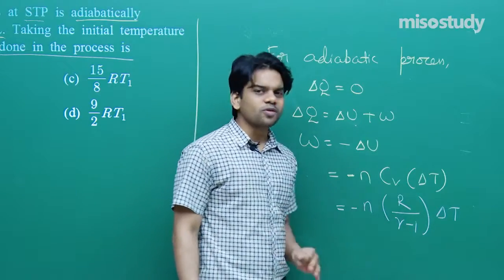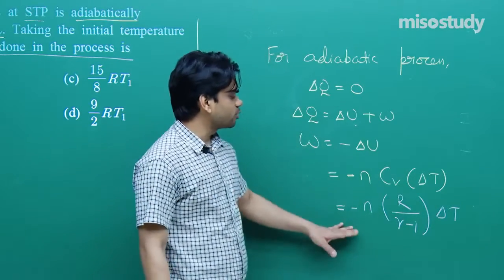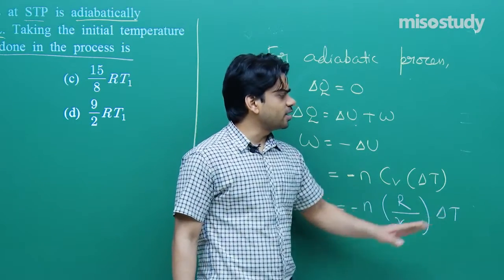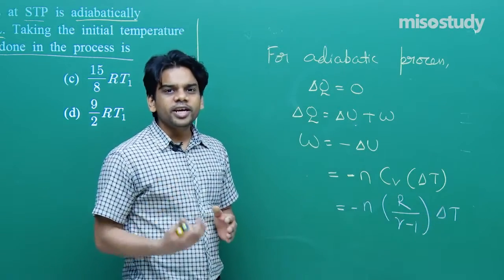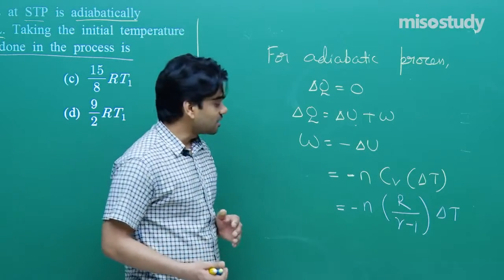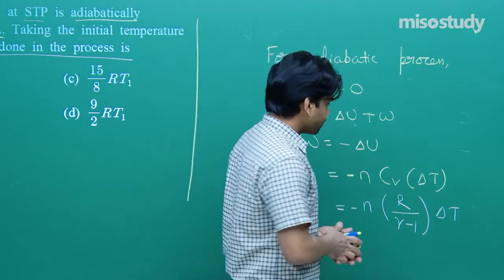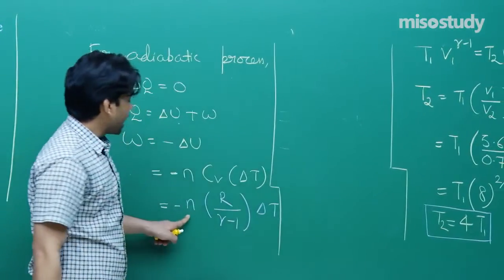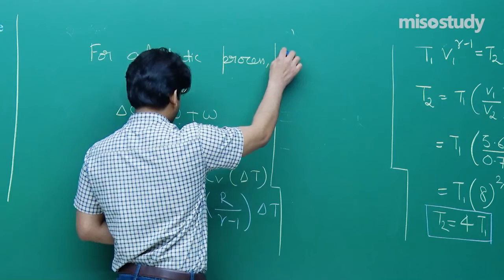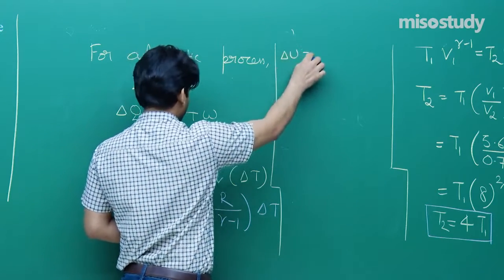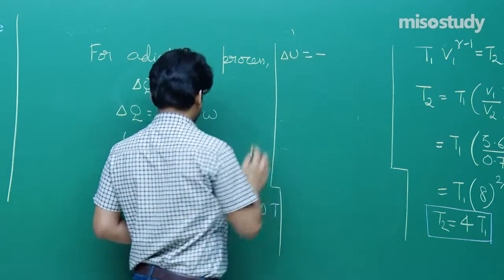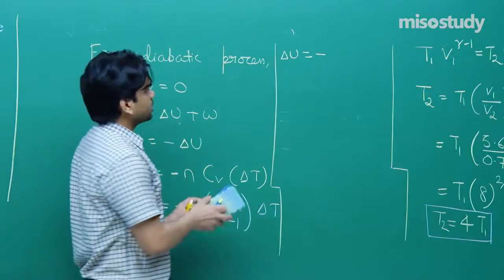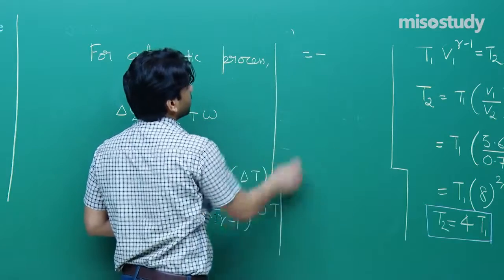And now you just substitute the values. You substitute n as 1 by 4, gamma as 5 by 3, that I already have told you, and delta T will come out to be T2 minus T1. You will get the answer. So finally, see what I'm going to do. W equals minus delta U, I've already applied here, so let us use W directly, that will give us the work done directly.